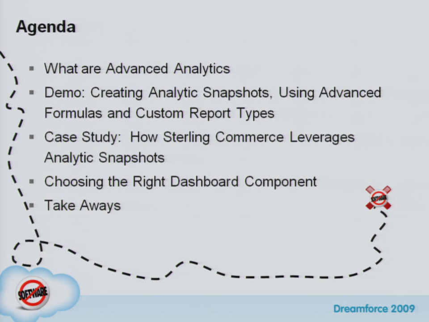Great. Who has enabled the new charting and reporting features? Great, because some of the chart types we're going to walk through, you won't be able to use unless you've enabled the new reporting types. And last one, how about custom report types? Who's created those? Okay, great.